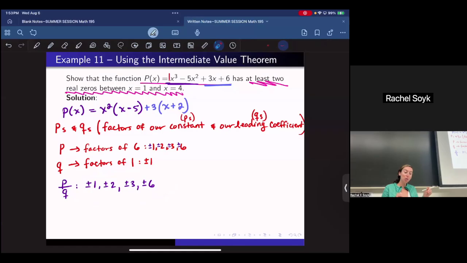But for this sole purpose, since you haven't learned this quite yet, and we will be going into detail with this in our next lessons, I'm just going to tell you that one factor is 2. So x equals 2 is a factor of our P of x.